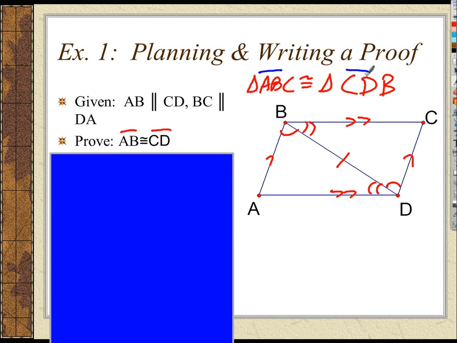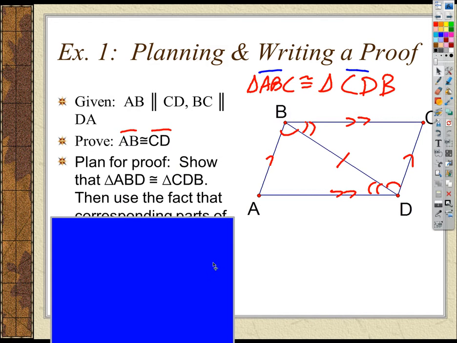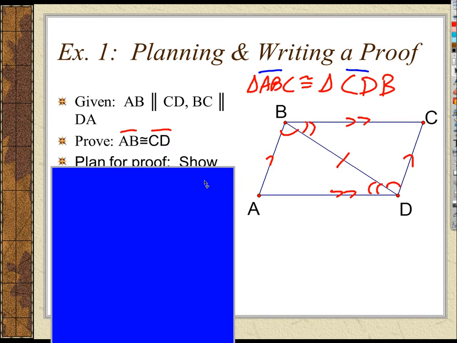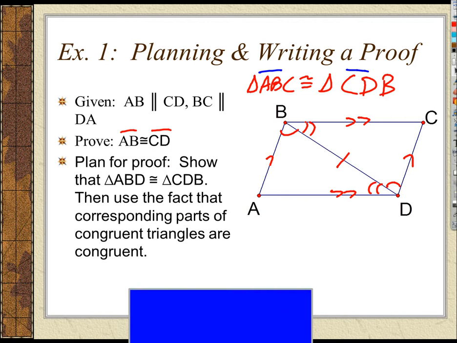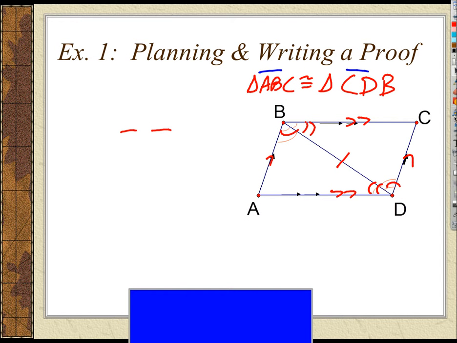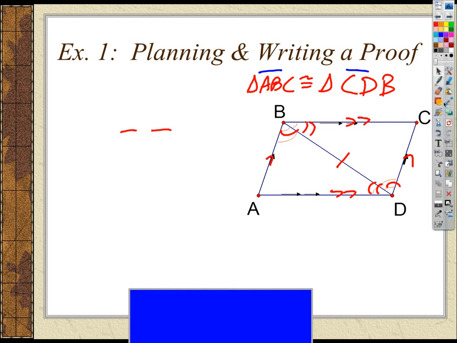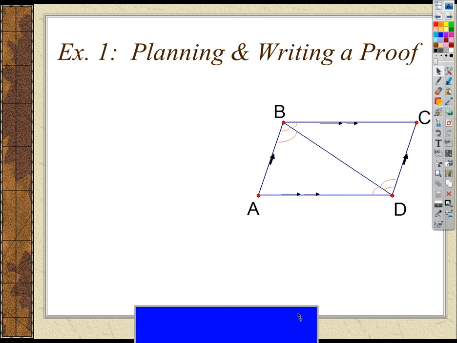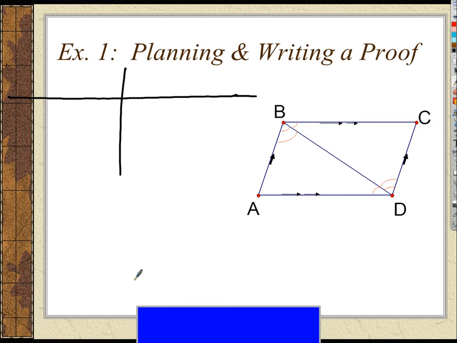Now, if we wanted to look at this one, let's write it out. We could just set up our two column proof where we've got our statements and our reasons, right?